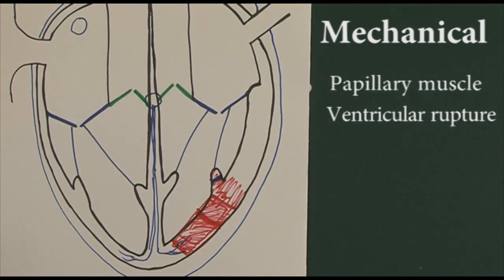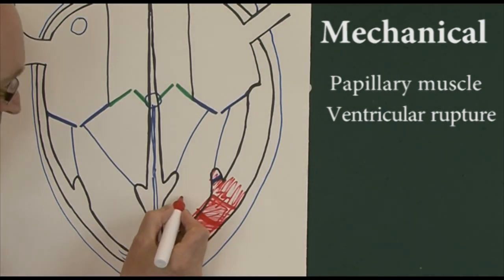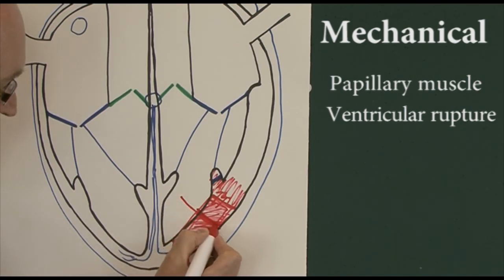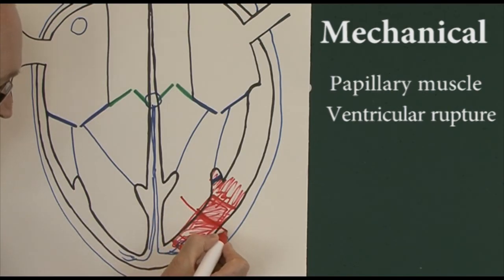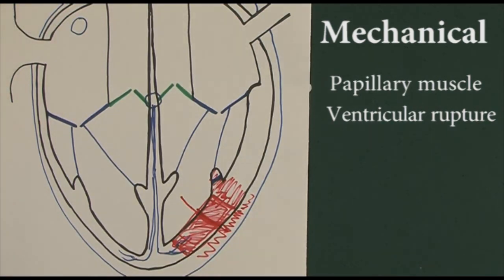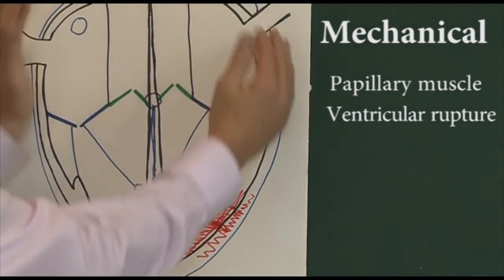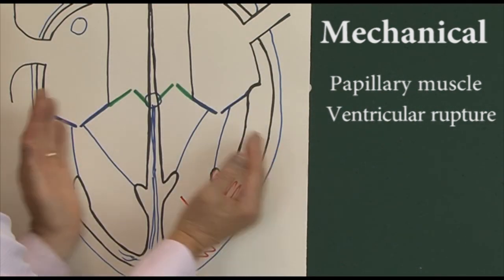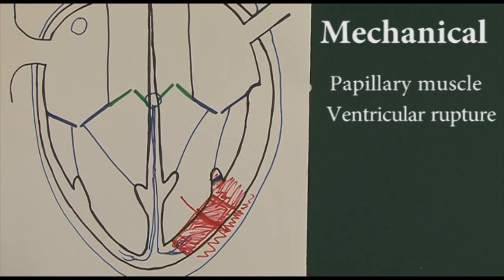And if blood is leaking out from the ventricle through a ventricular rupture, through the dead transmural infarct, then the pericardial sac can fill up with blood, again an acute life-threatening condition called cardiac tamponade, because the pericardial sac will fill up with blood and compress the heart, so the heart won't be able to re-expand with venous blood.